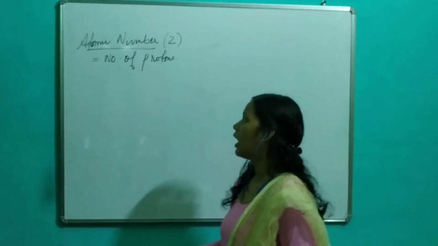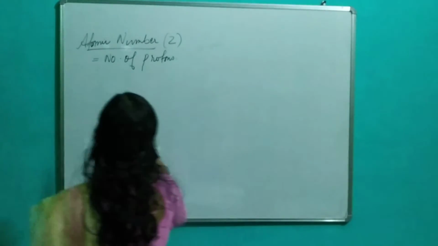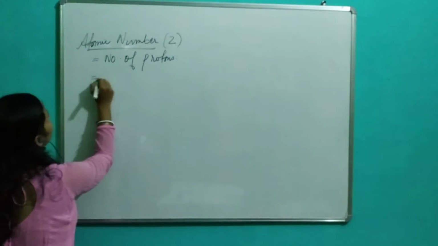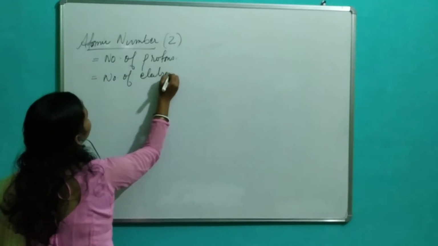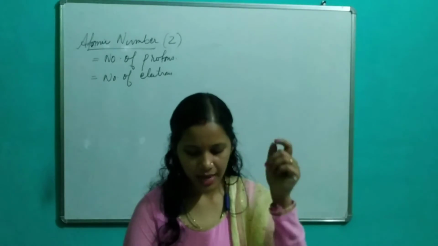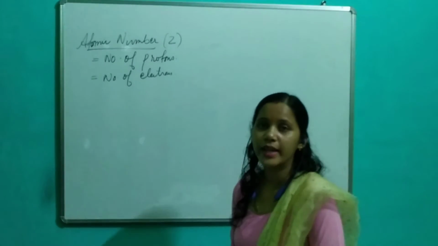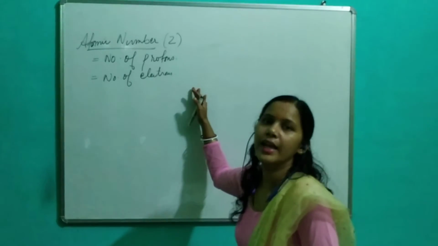That means the number of protons is also equal to the number of electrons, which is why it has no charge. So in an atom, the number of protons is equal to the number of electrons.